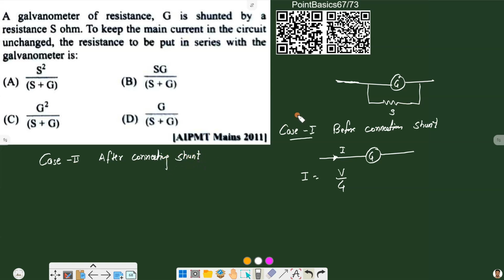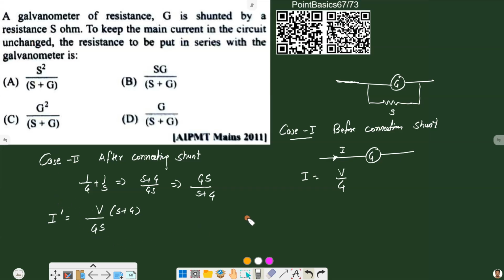After connecting the shunt, our circuit will look like this, and total resistance of the circuit will be 1 by G plus 1 by S. That will give us (S plus G) by GS, or inversing it we will get GS by (S plus G). And now current in the circuit I dash, assuming potential is the same in both of the cases, will be V by GS into S plus G. Now it is mentioned that current should remain unchanged.